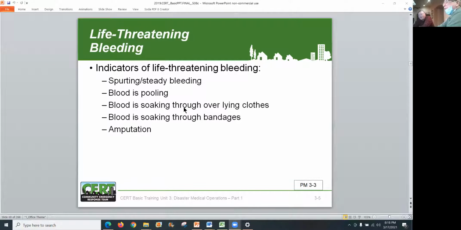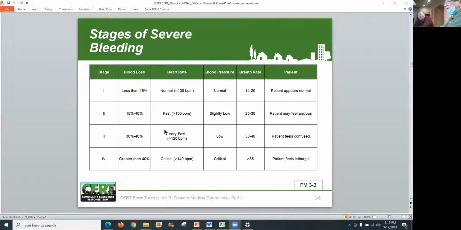Blood is soaking through overlying clothing, you need to find out where the blood's coming from, and then try and compact it with whatever you have. The bandage will do wonders just to hold. You've just got to do something to see if you can stop the bleeding. So you're saying pressure on the bandage. Yes. And another indication is something's amputated too. Okay. Tell us about what those mean to you.